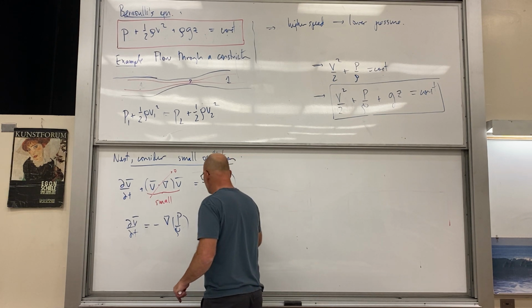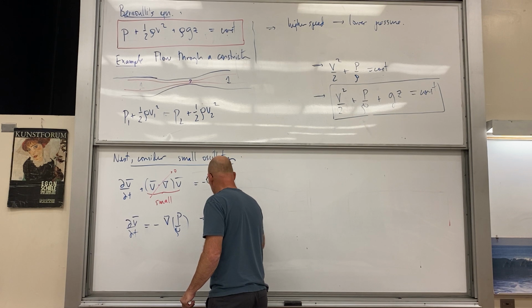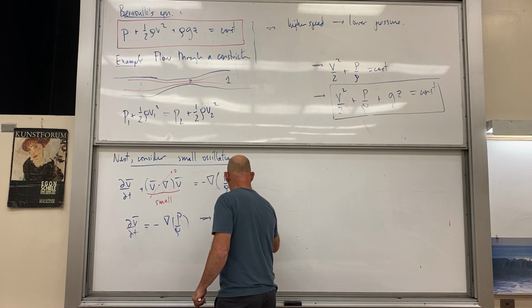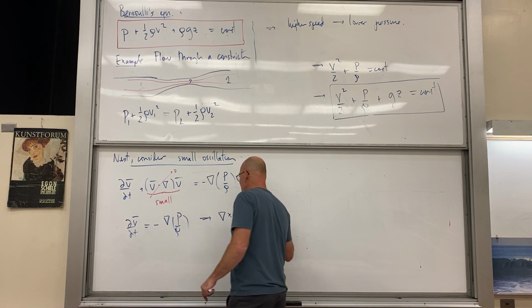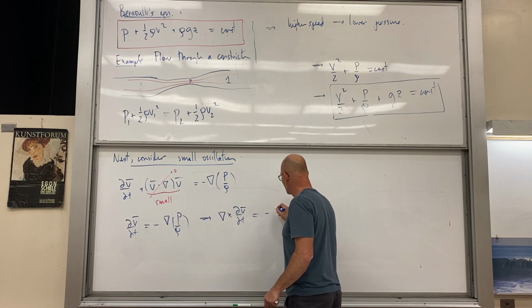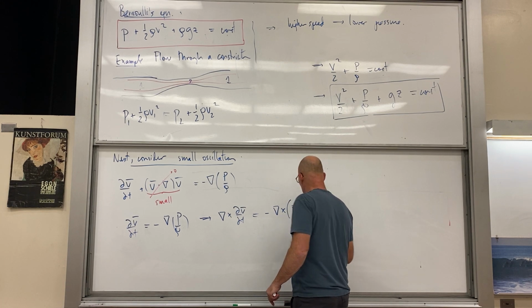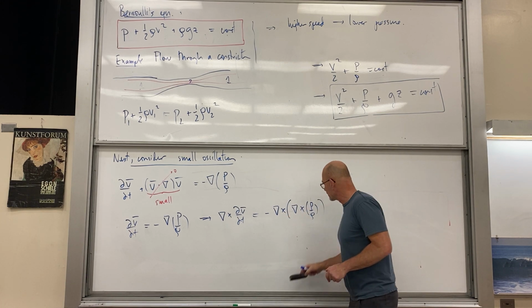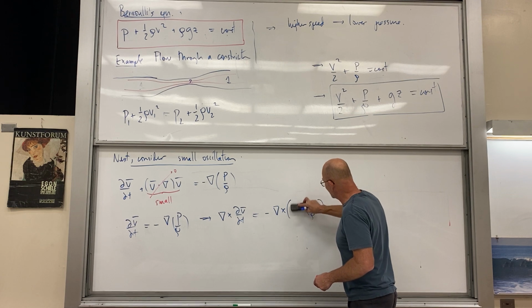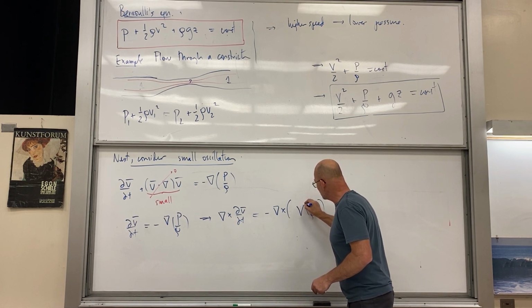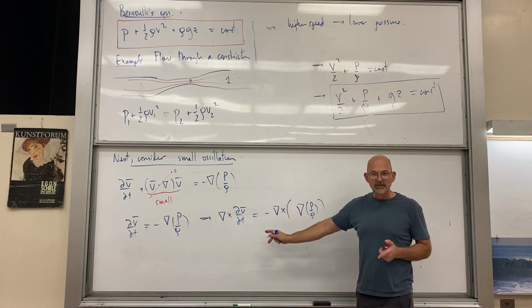So the curl of dv/dt is going to equal minus the curl of the gradient. The curl of the gradient is identically 0.